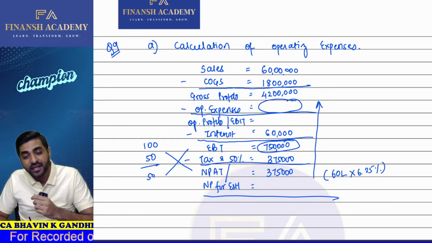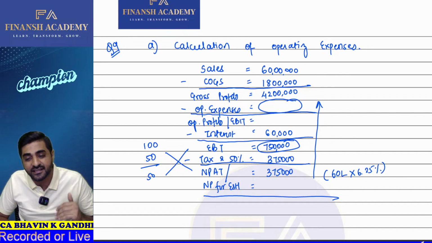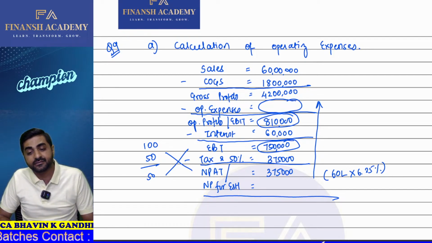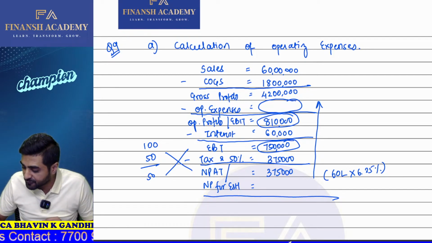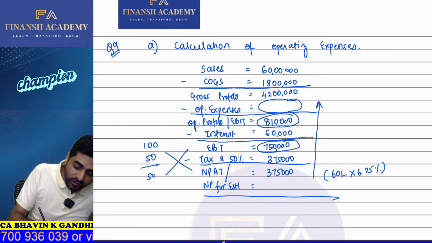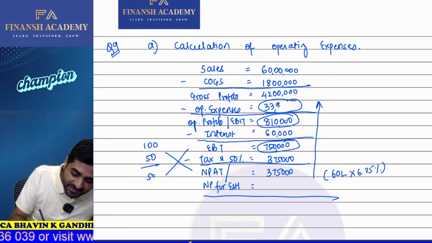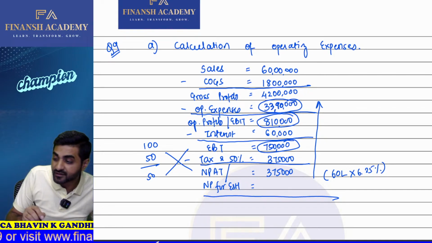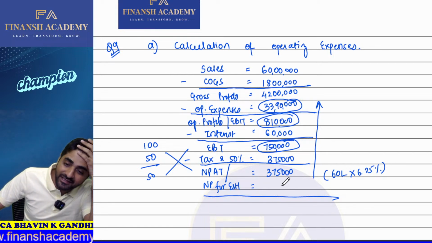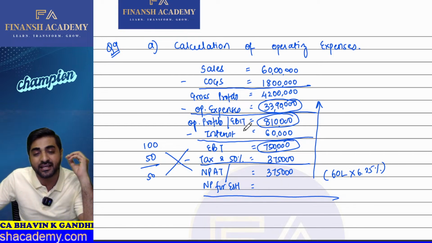And if this is 7,50,000, this is 60,000. Can I say now this figure will be 8,10,000? Come on, yes or no? Yes, sir. And from this 42 lakhs, we need to subtract 8 lakh 10,000. What do we get as our operating expenses? 33 lakh 90,000. Guys, very simple and easy to understand. That's how we'll be getting 33 lakh 90,000, which will be our operating expenses.